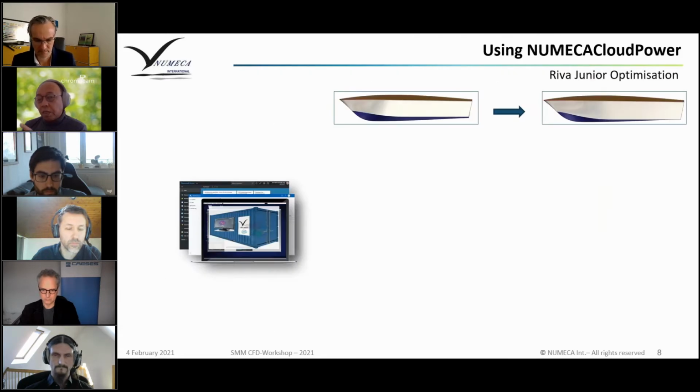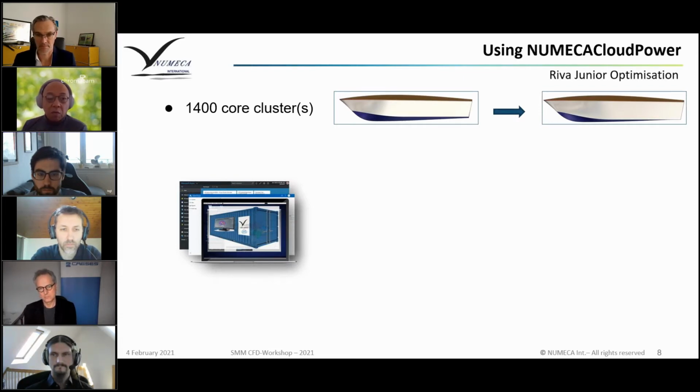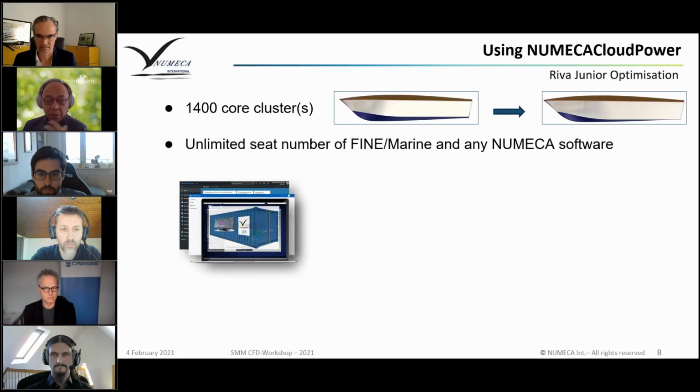Now, using this, we can tell our boss and our customer, we can optimize. We can have an improved design by running on 1,400 core clusters. So instead of having only one workstation with 28 cores, now we have 50 times more, and unlimited seats of Fine Marine and Fine Design 3D for the optimization.